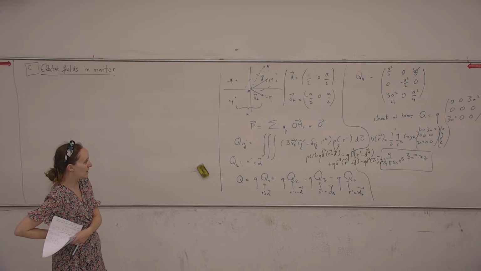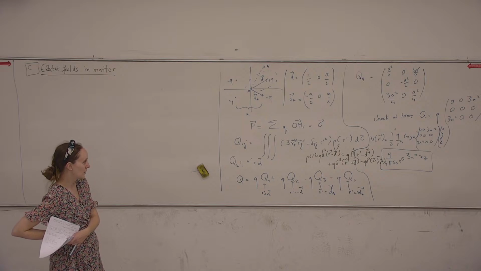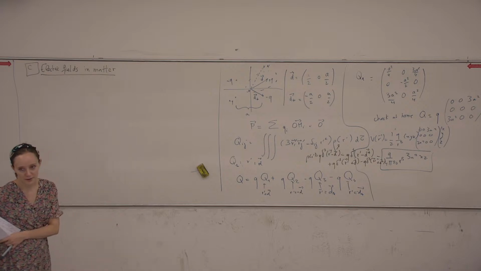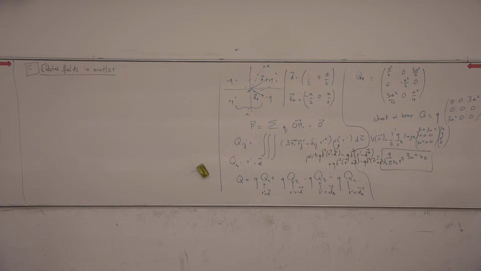So the integral is on R prime, and the tensor will be 3 by 3, but each term in the tensor will be the result of an infinitesimal sum of these things where R prime and Rj are all over your distribution. Yes, R prime is summing over the whole shape. Yes, but R prime i and R prime j too.